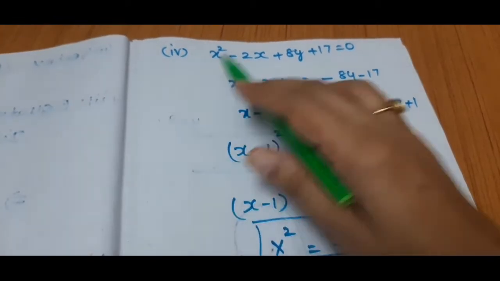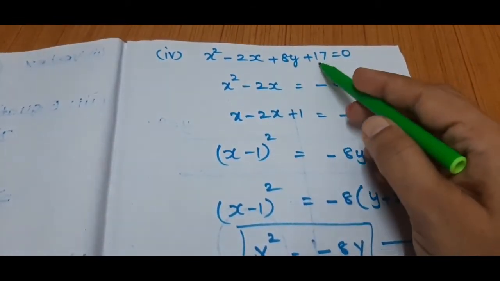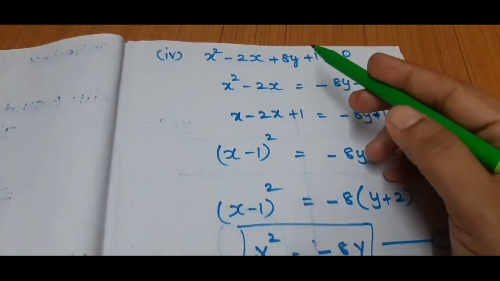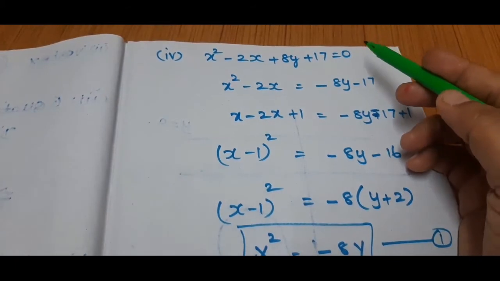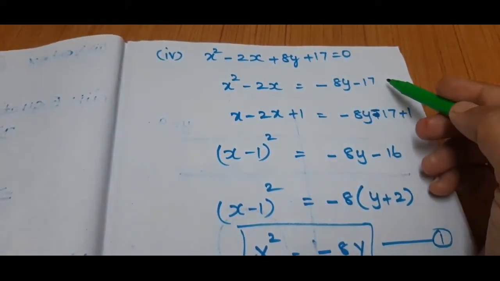Now the fourth question is x square minus 2x plus 8y plus 17 is equal to 0. So I want to segregate all the x terms on the left hand side and all the y terms on the right hand side.